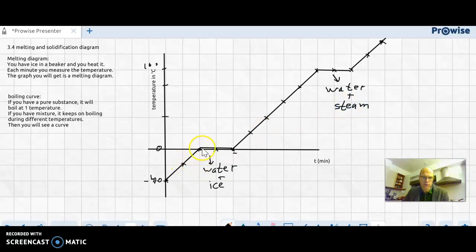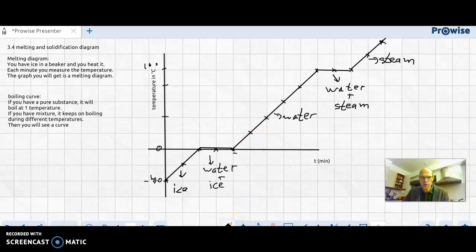Over here, that was before it started melting, so we have ice. And over here, we have water. And at the last bit, the water has evaporated, so it's only steam.